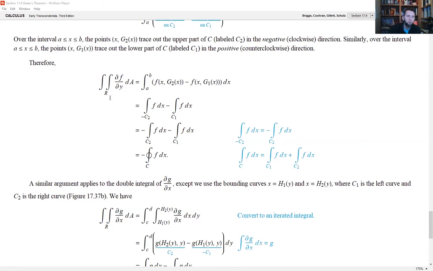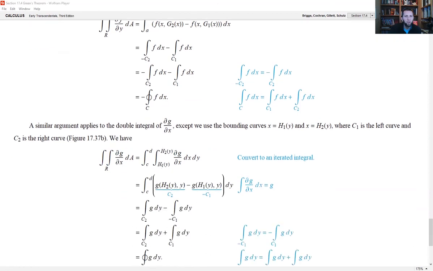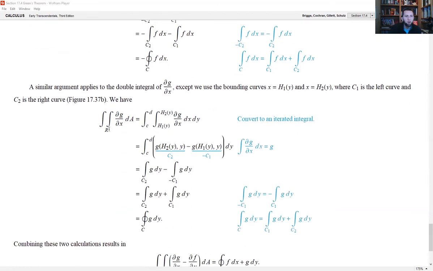So we get that the double integral is equal to negative the line integral around the closed loop of f dx. We can do something similar with the double integral of the partial of g with respect to x, where we show that this puppy is equal to the line integral around the closed path of g dy.